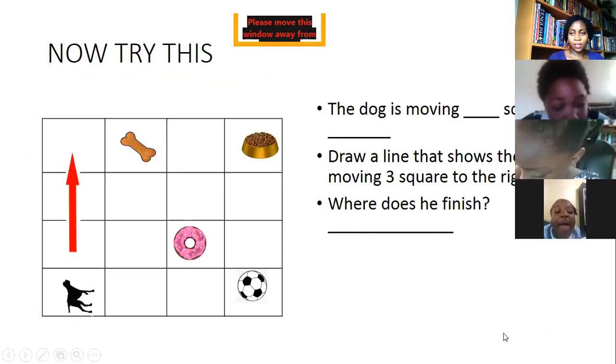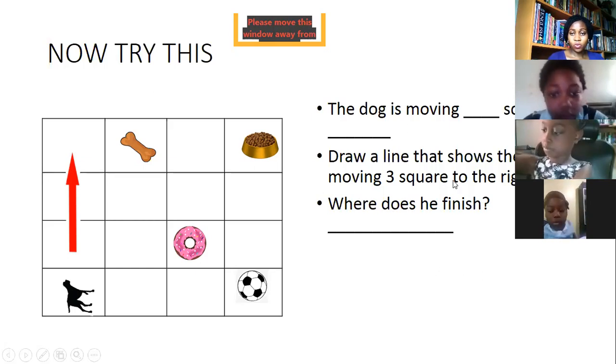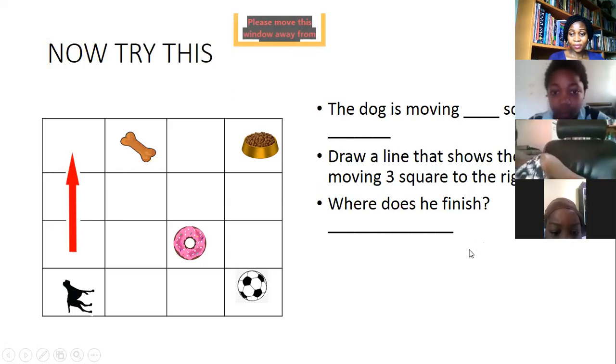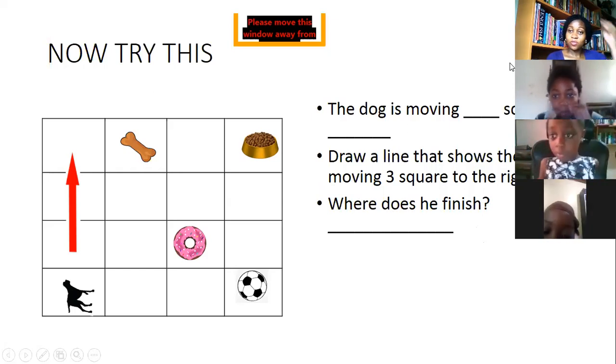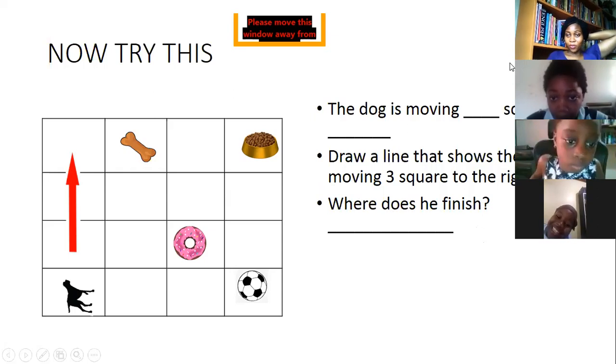Now let's look at another one here. This one requires you to draw in your book. So I hope you all have your book and your pencils there. You know you can't come to class without your materials. If you're a doctor, how can you go to the hospital without your coat, your stethoscope and all that?